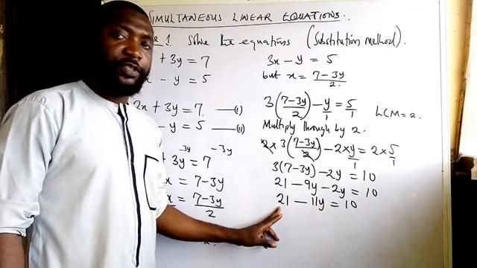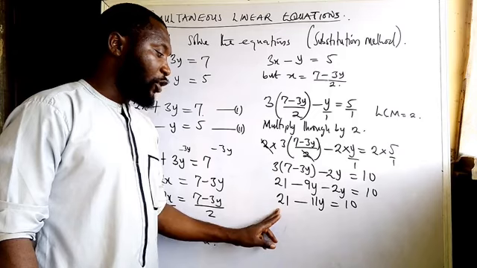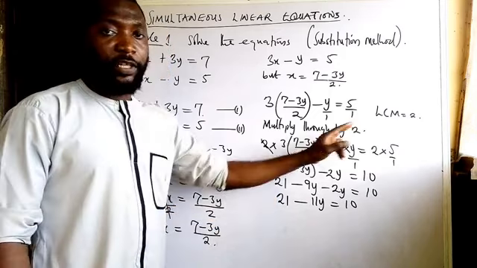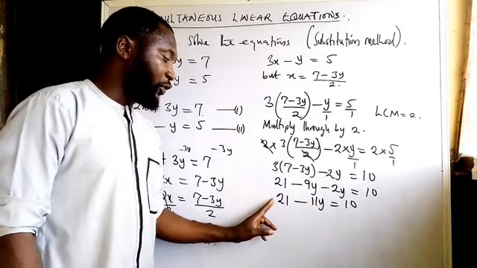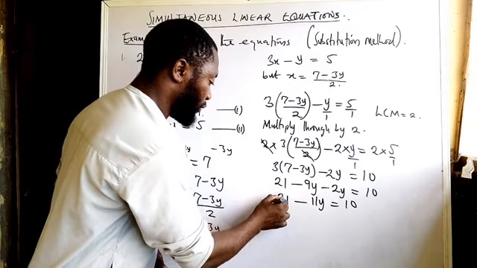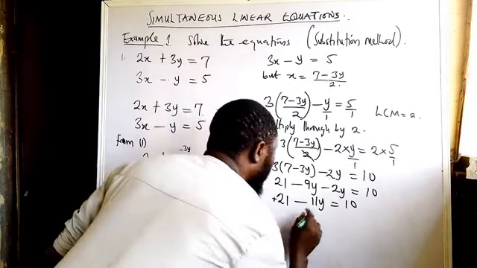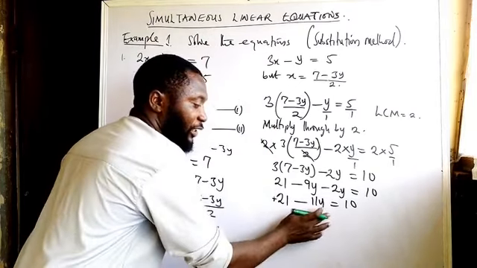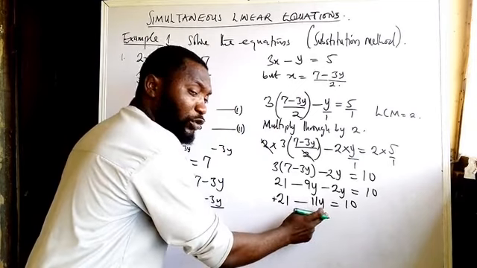We remove this, subtract 21 from both sides, or this 21 is positive, take it to the other side. By the time we move this positive 21 to the other side, it becomes negative. So now what will be left is negative 11. This negative sign belongs to this 11.